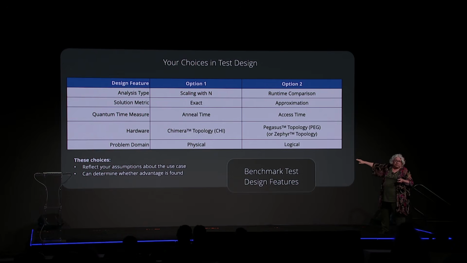Turns out it makes a difference whether you're using an earlier Chimera-based graph topology or the more recent Pegasus topology that's on the Advantage systems. I put Zephyr here, but in fact, Zephyr wasn't available when all of these papers were written, so none of the benchmarking literature that I'm talking about refers to Zephyr.